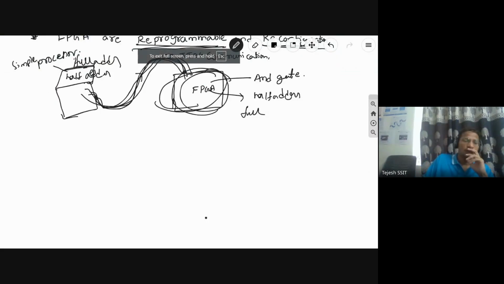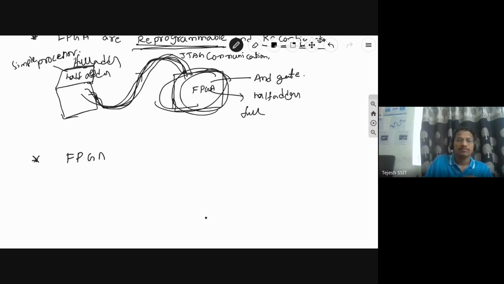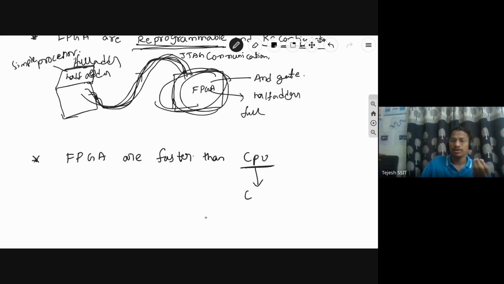My next point is that FPGAs are faster than CPUs. CPUs, you all know very well, are central processing units.